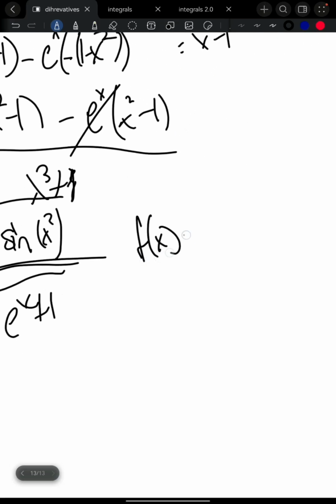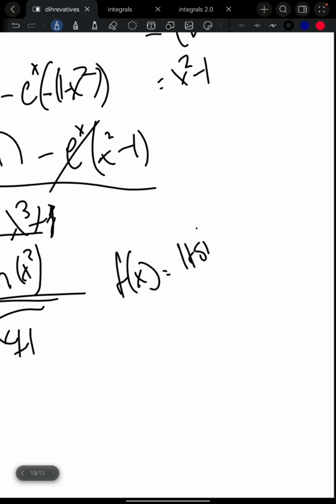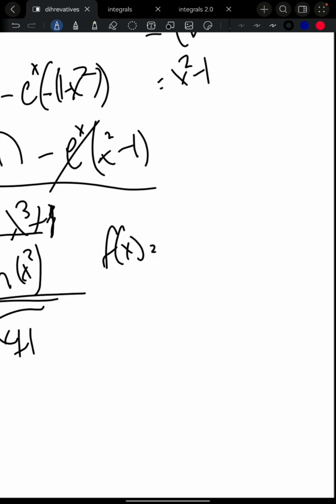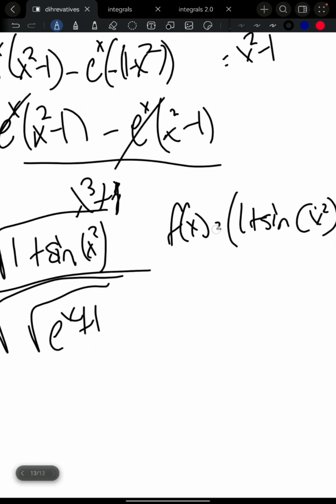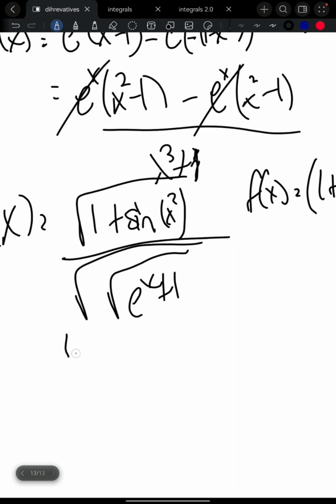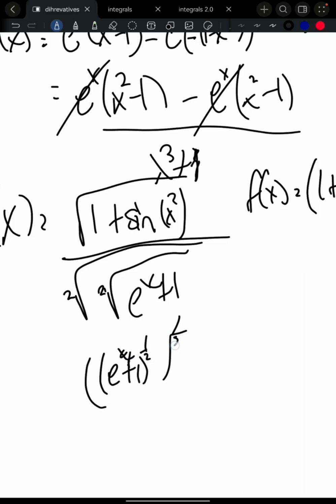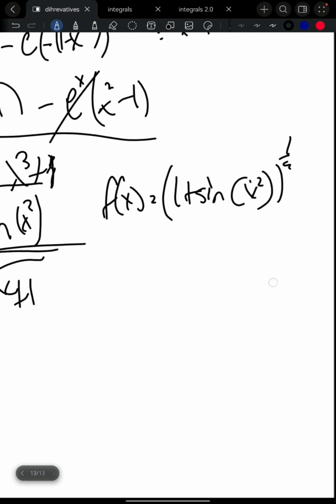So f of x is equal to 1 plus sine x squared to the power of half, and the root is just the same as e to the x plus 1 whole to the half, so it's just e to the x plus 1 to the power of 1 over 4.